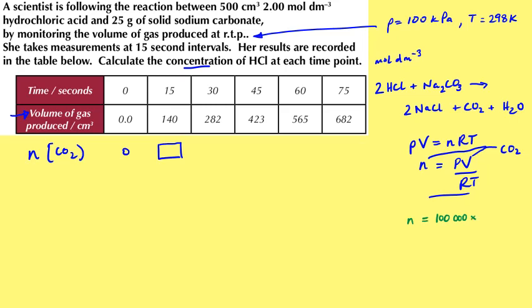And our volume is 140 cm cubed, but the units in the ideal gas equation are meters cubed, so we want 140 times 10 to the -6, divided by R. R, you'll remember, and in an exam you'd be given this, but you probably remember, is 8.31, and our temperature is already in Kelvin, and that's 298, and so we just plug those into our calculator, and I think what we get is 5.65 times 10 to the -3 moles. So we could write that in here.